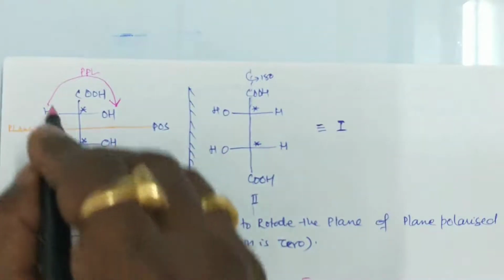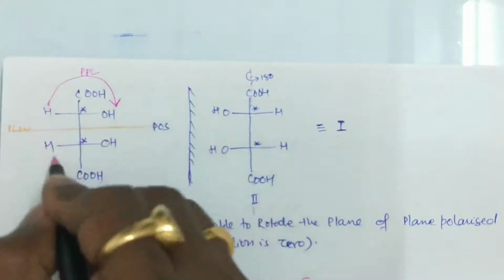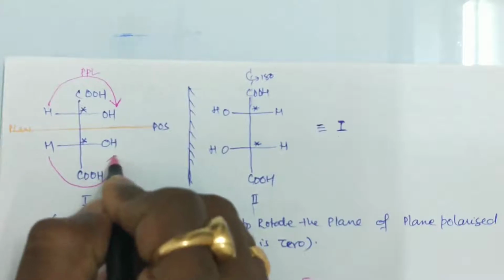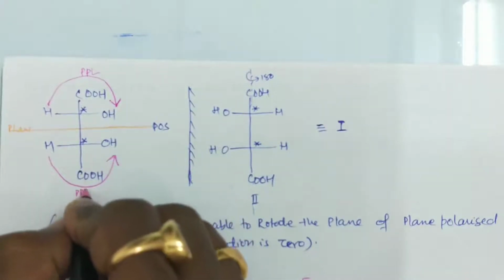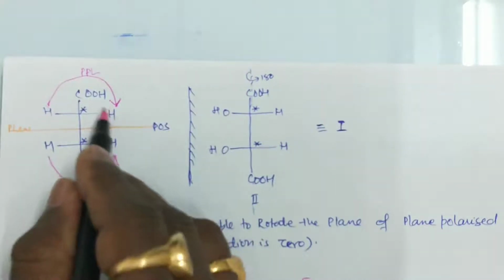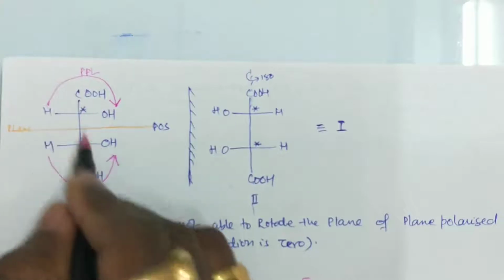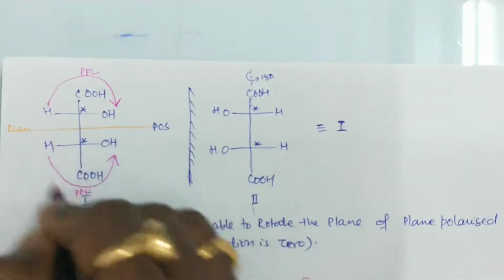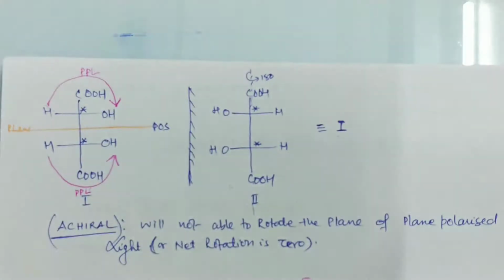I am showing here from H to OH. And you know the OH, OH, H, H, COOH, COOH groups are equivalent. So if this half portion of the molecule rotates the plane polarized light counterclockwise, then the other half rotates clockwise, so the net rotation is zero.